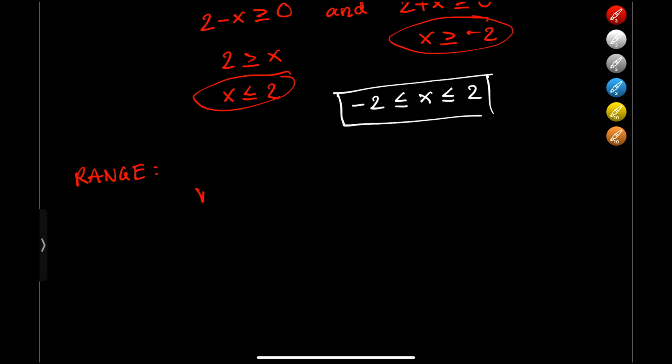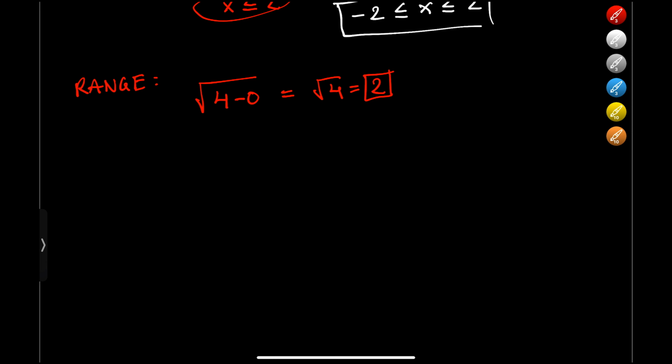So we plug in a 0, it becomes the square root of 4 minus 0, which is equal to the square root of 4, and that's just 2. This is going to be our greatest value. And if we were to plug in 2, then we will get the square root of 0, which is also equal to 0.